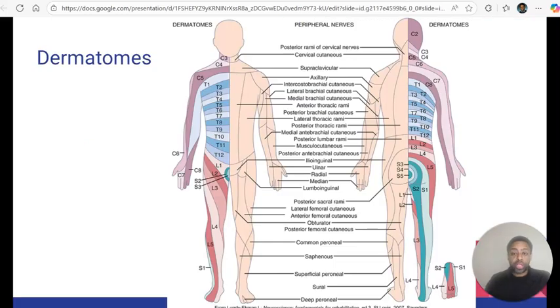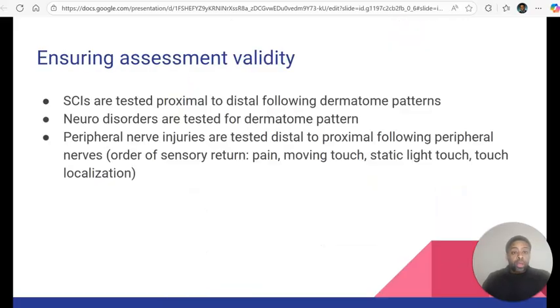All right, so these are the dermatomes that we talked about earlier. When we assess sensation in spinal cord injury, specifically following these dermatome patterns, we want to test proximal to distal. Proximal is closer and distal is away.